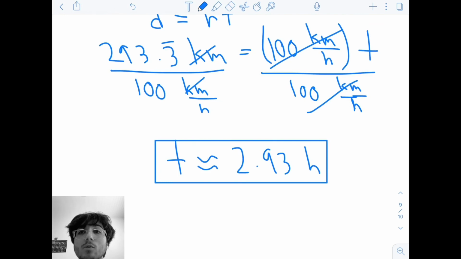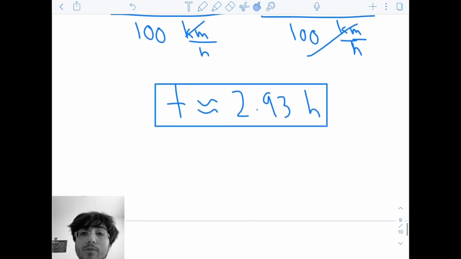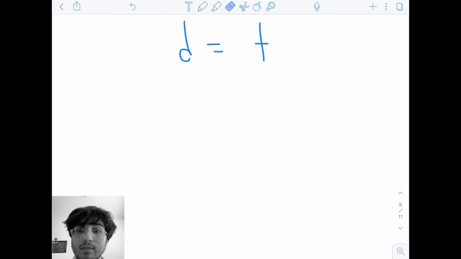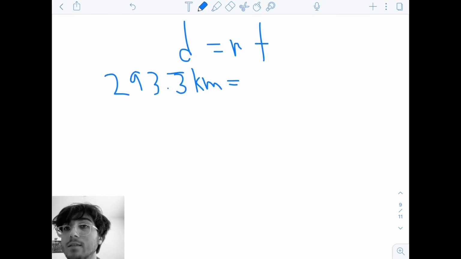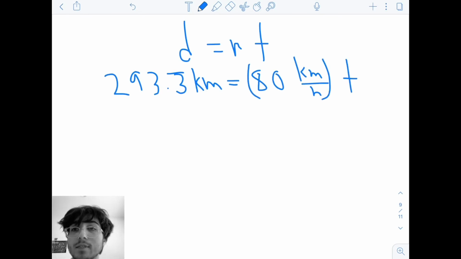It went slower returning, so we have to plug it back in again. Distance equals rate times time. So the distance, again, is 293.3 repeating kilometers. And the rate returning this time was slower because of construction. It was 80 kilometers per hour times t.